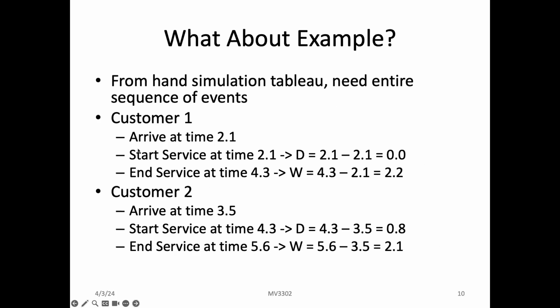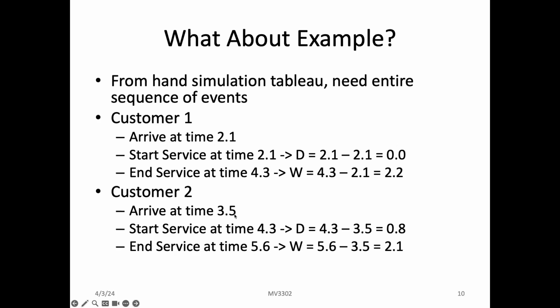Okay, so here are the actual computations. The first customer showed up at time 2.1. He started service at time 2.1, so he was in the queue for no time units. He ended service at time 4.3, and so his time in the system was 2.2.